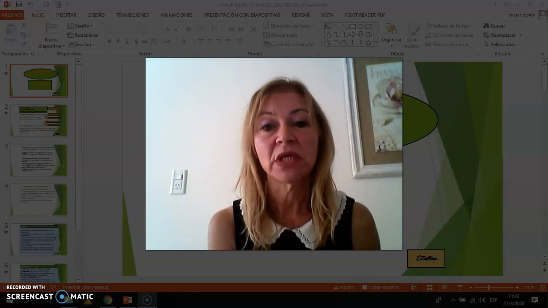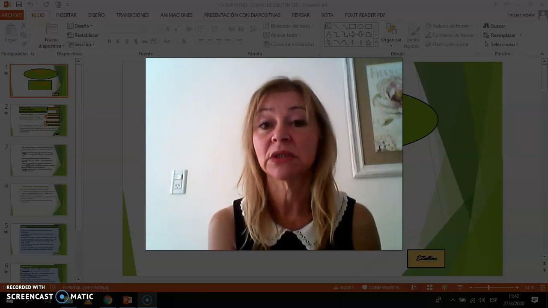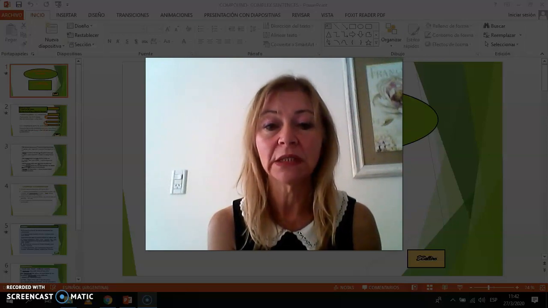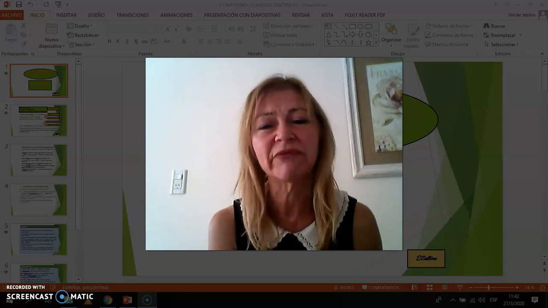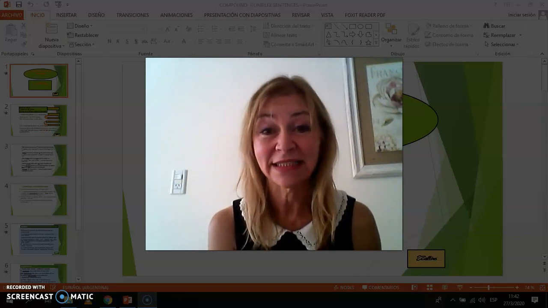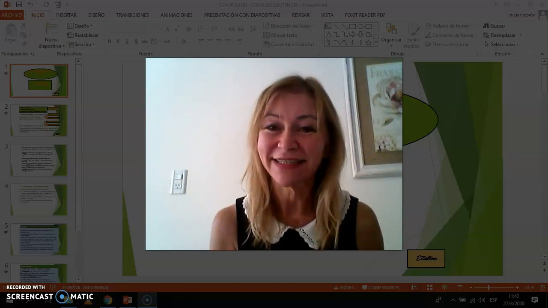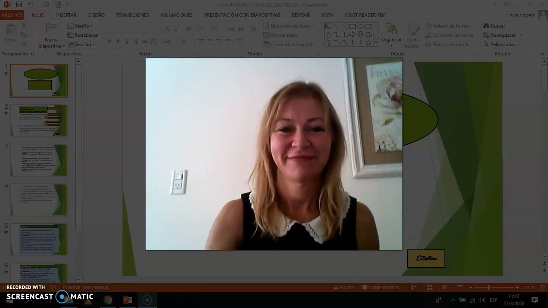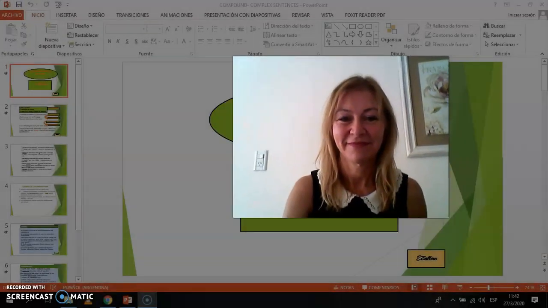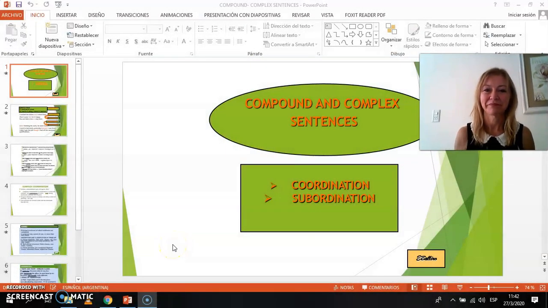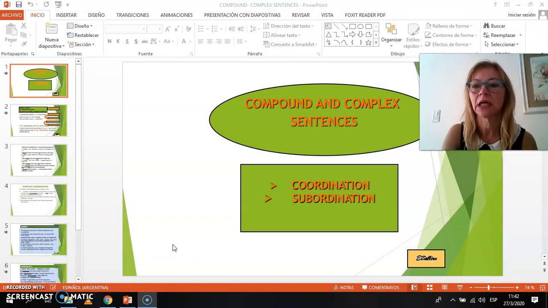Okay, so now we're going to start with Unit 1. In Unit 1, we're going to revise some concepts related to kinds of sentences. So let's start. Well, first of all, we're going to start with the concepts of compound and complex sentences.